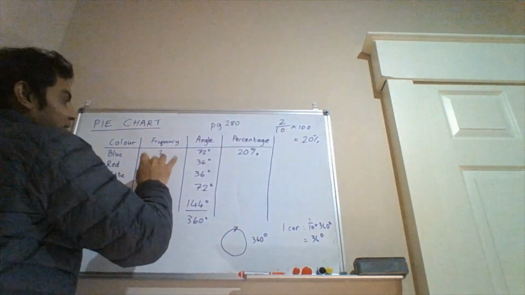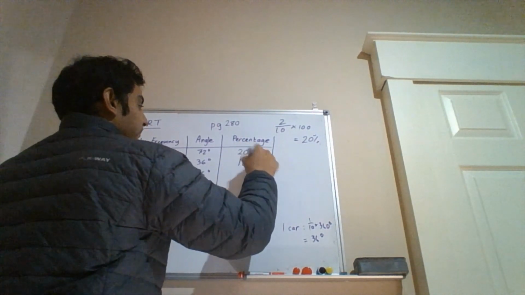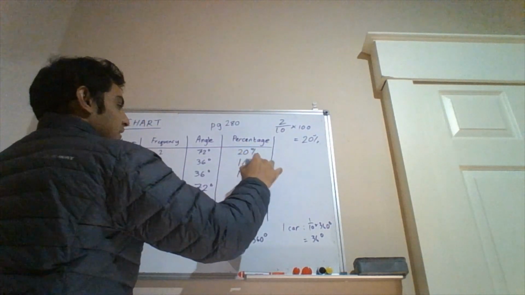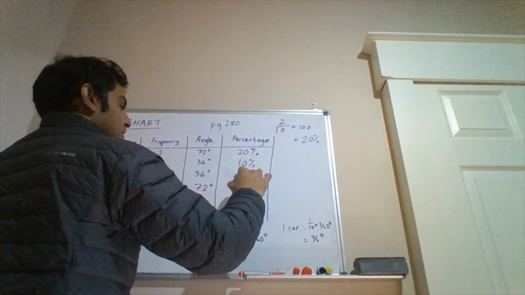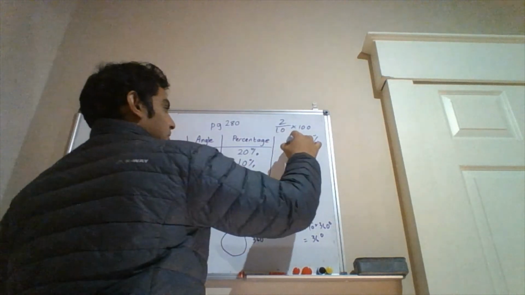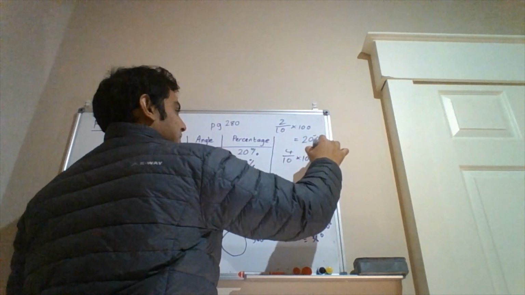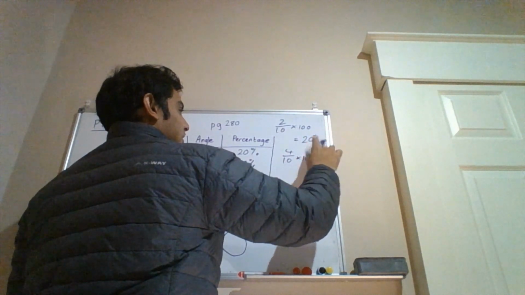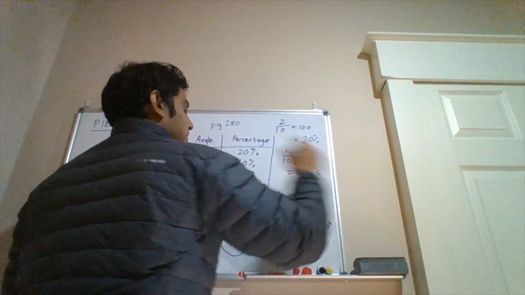Next we have 1 out of 10, which is 10%. 1 out of 10, 10%, 2 out of 10, same story as here, 20%, and 4 out of 10, we can do that on the side here, it's 4 out of 10 times 100, and that gives us 40%.